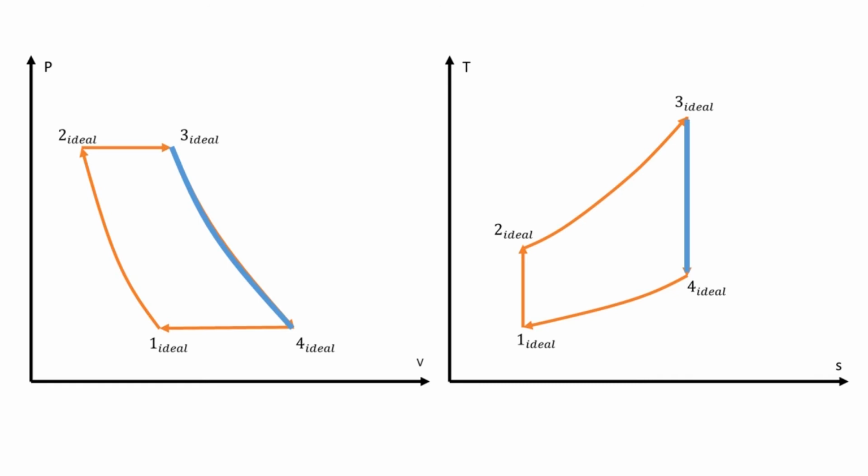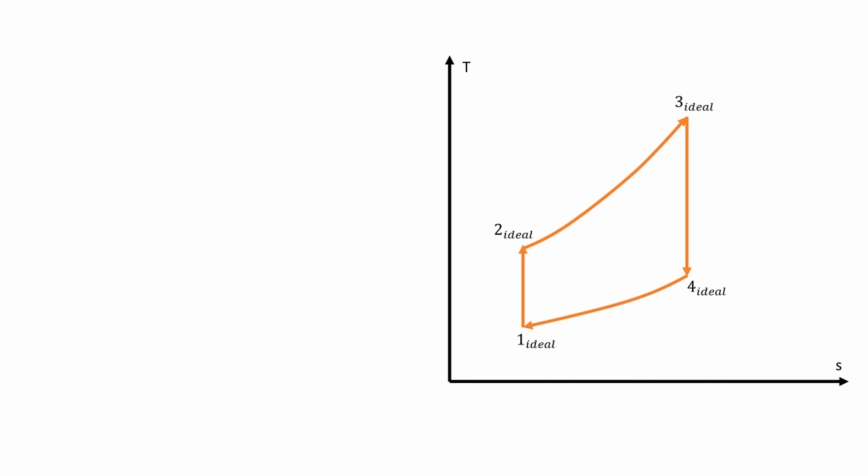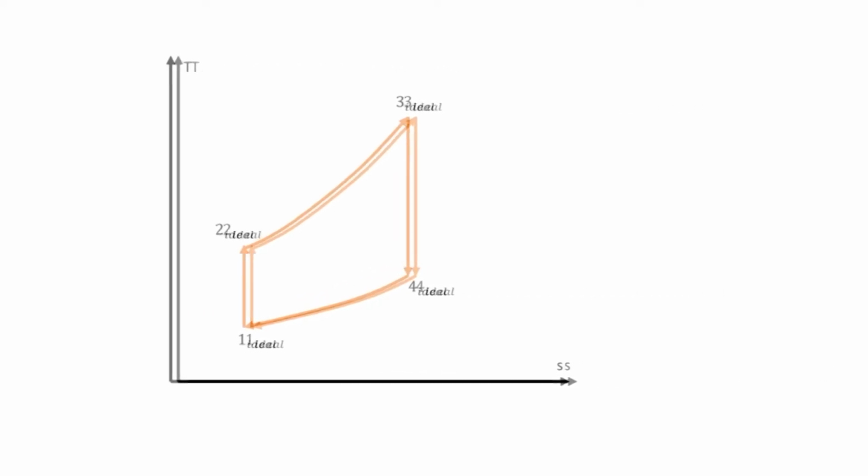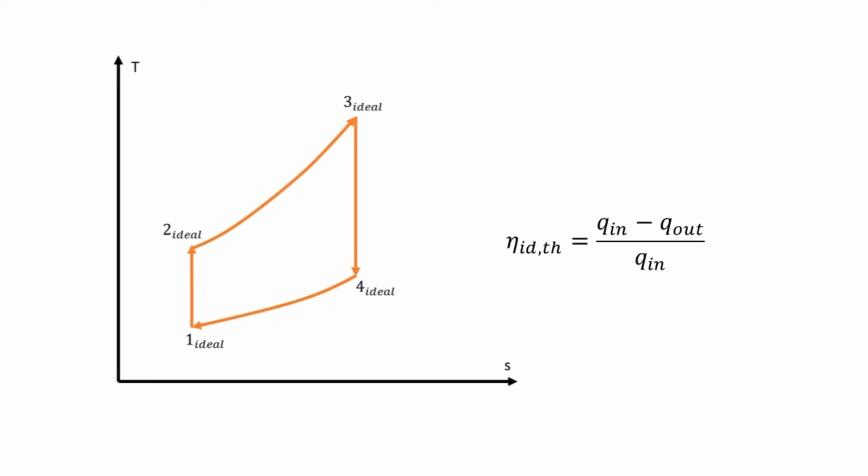An important parameter to evaluate when talking about thermodynamics is the thermal isentropic efficiency. This efficiency is a ratio between the produced work and the added heat. However, we are not living in an ideal world, and neither do the gas turbines.